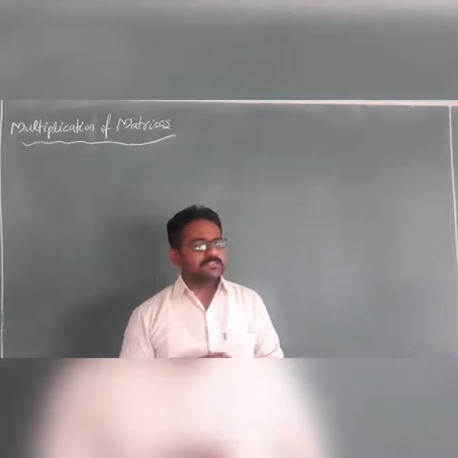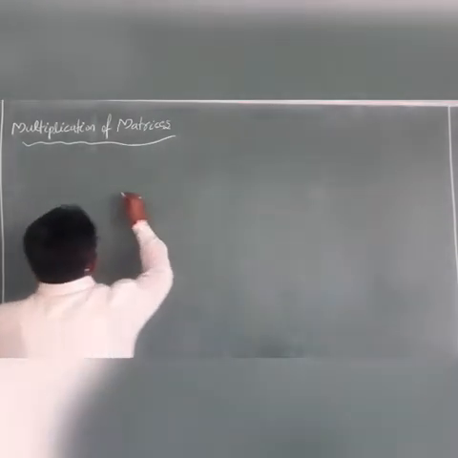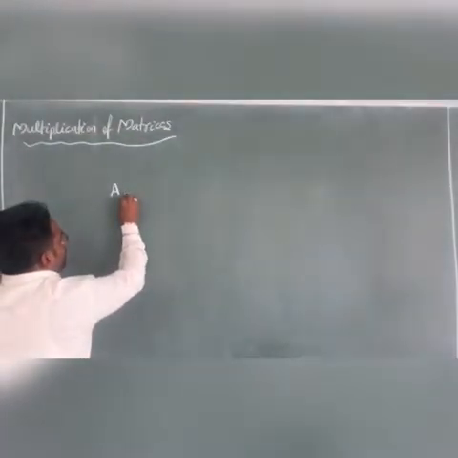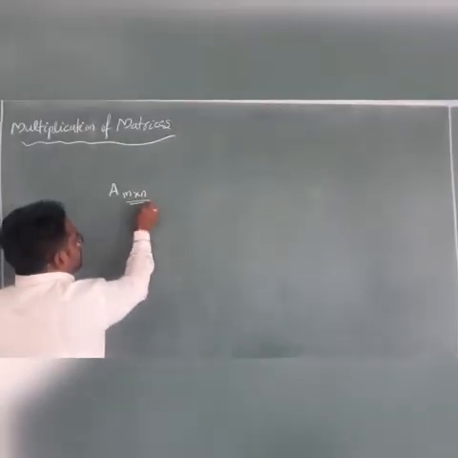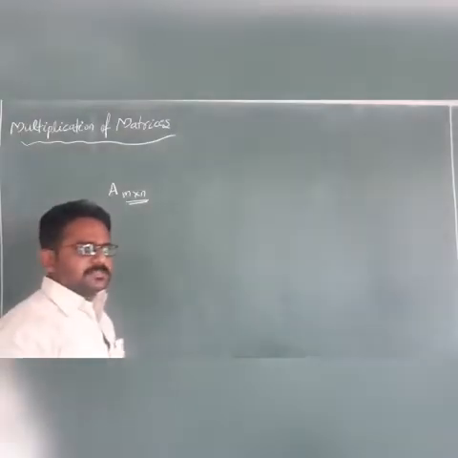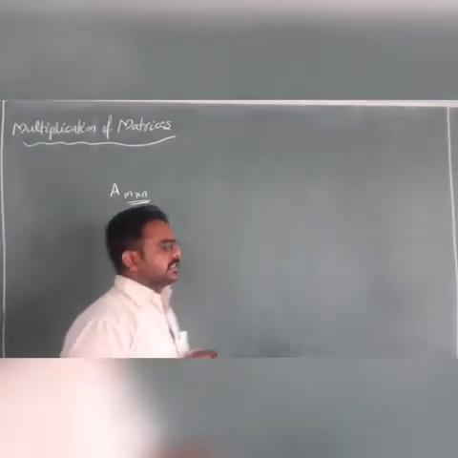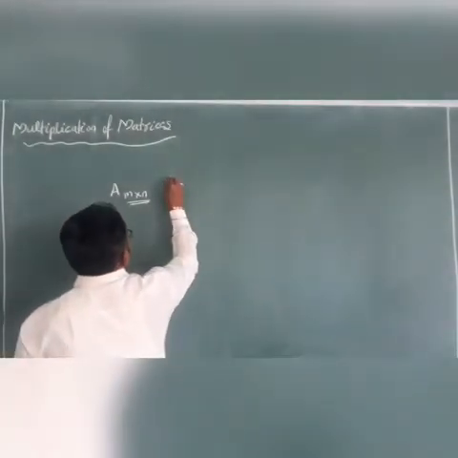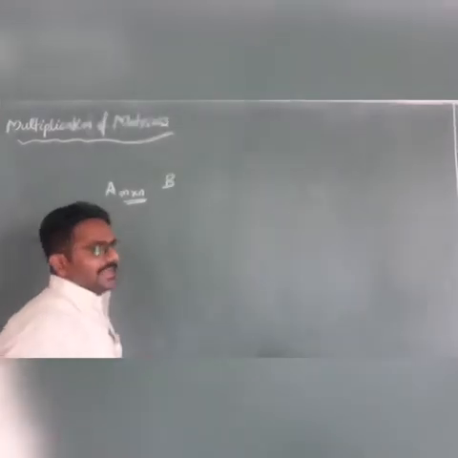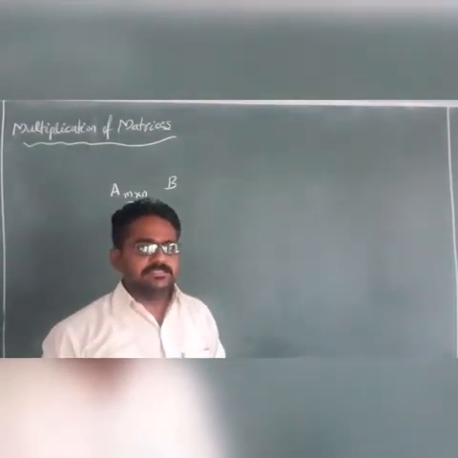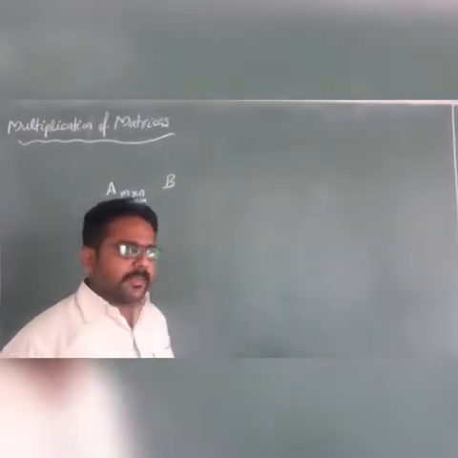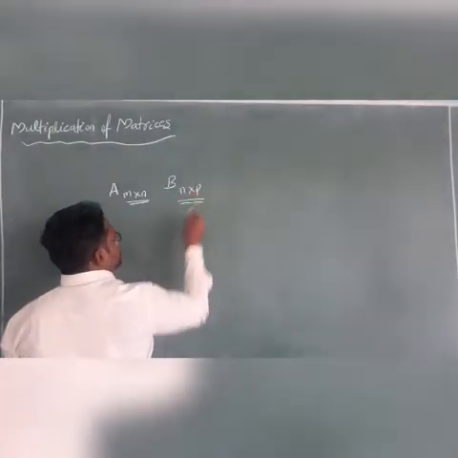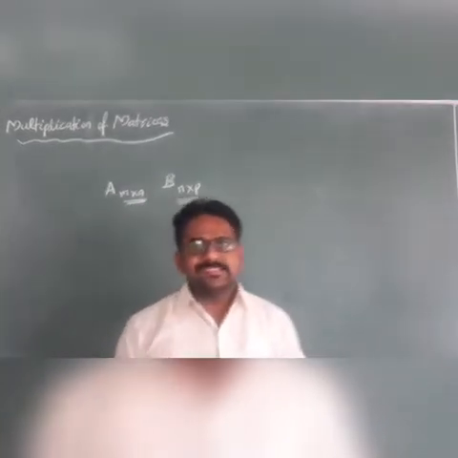The condition is that if you have a matrix A of order m by n, and B is another matrix of order n by p, so we took two matrices here.